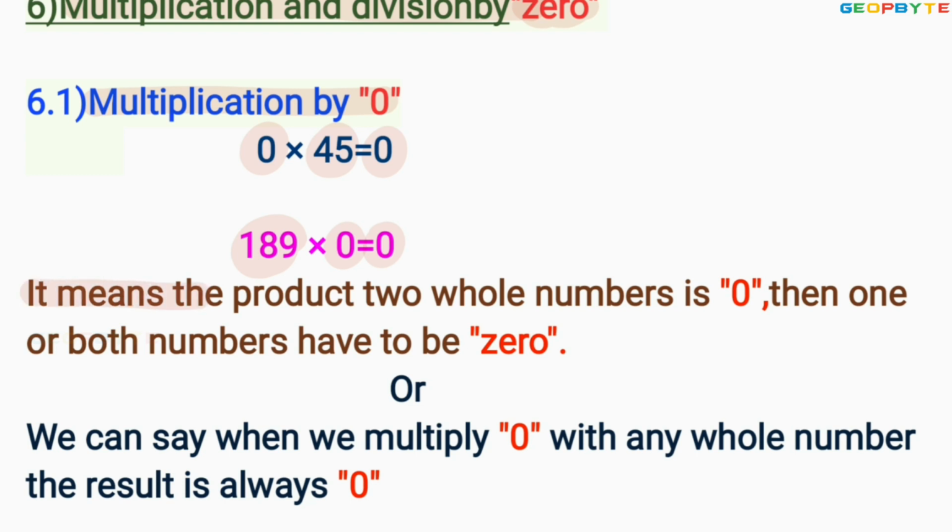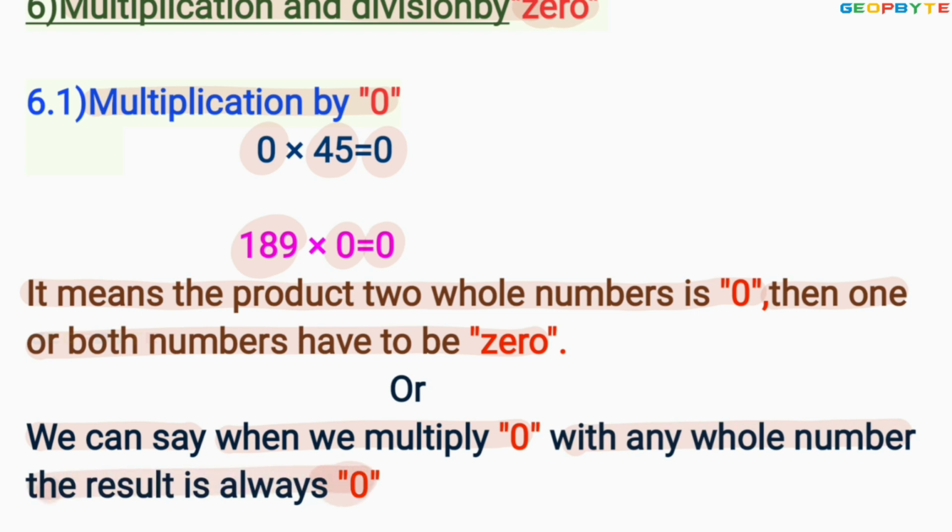It means if the product of two whole numbers is 0, then one or both numbers have to be 0. Or we can say when we multiply 0 with any whole number, the result is always 0.